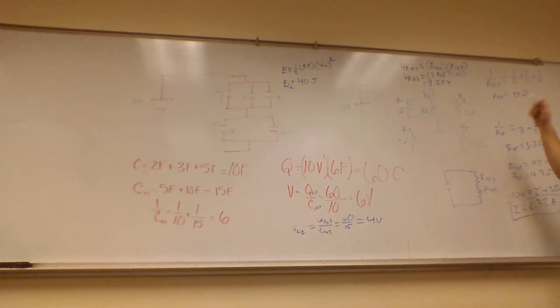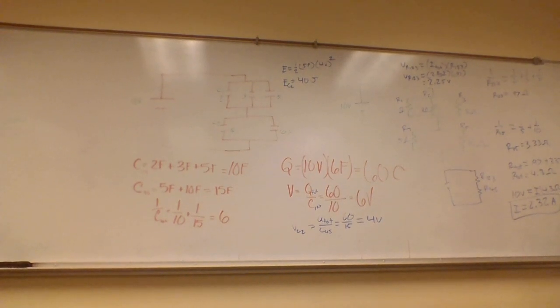So R1, R2, and R3 will all have about 2.2 volts across them.